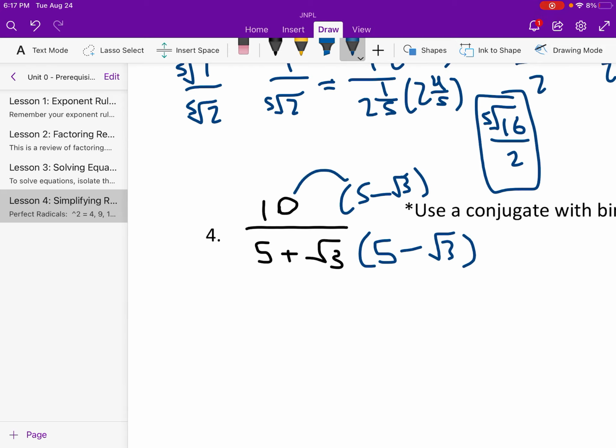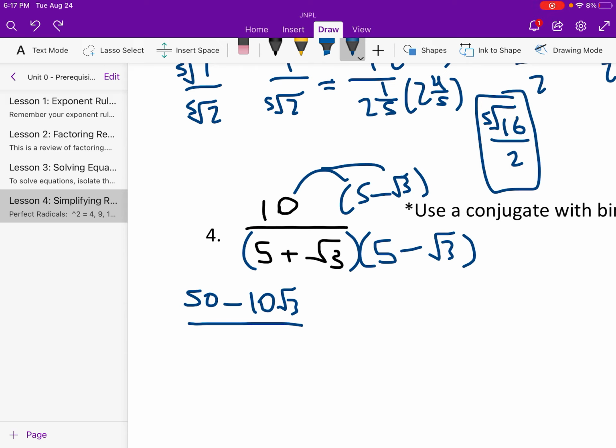But this time you have to do some order of operations. So on the top, you distribute that 10, you would get 50 minus 10 root 3. On the bottom, you have to use the FOIL method. You always know that there's only going to be numbers on the bottom, because the point of doing this is so that the roots cancel out.